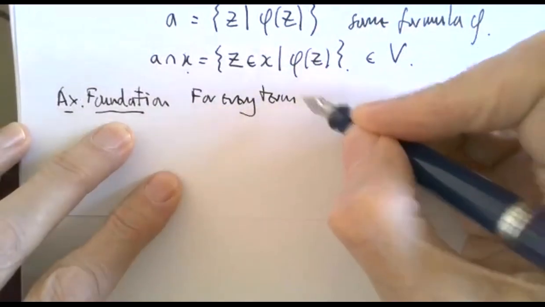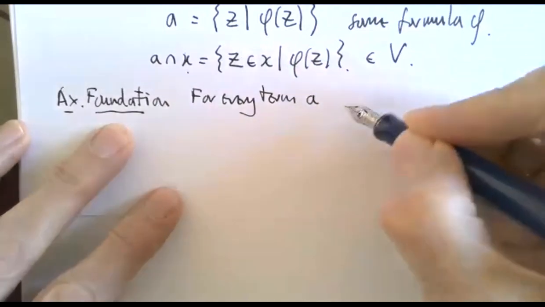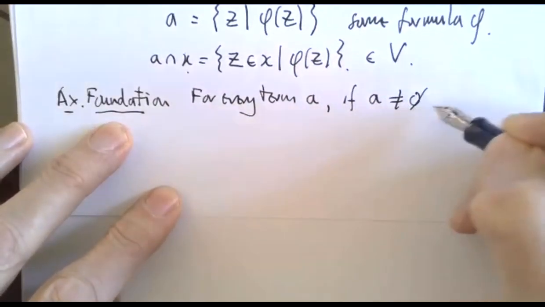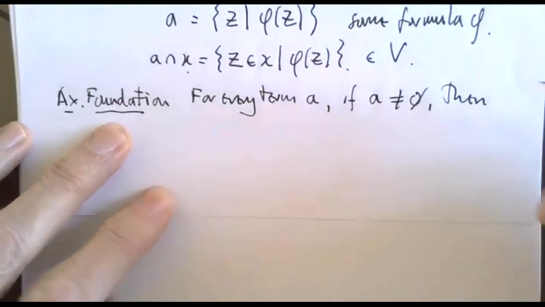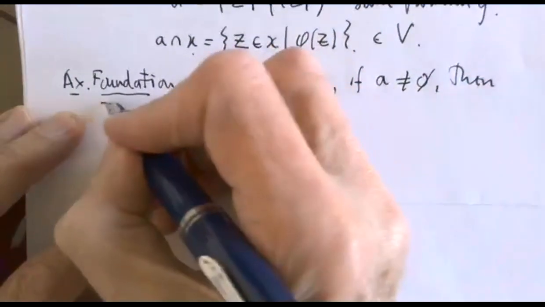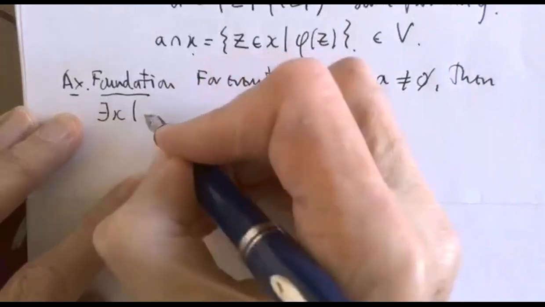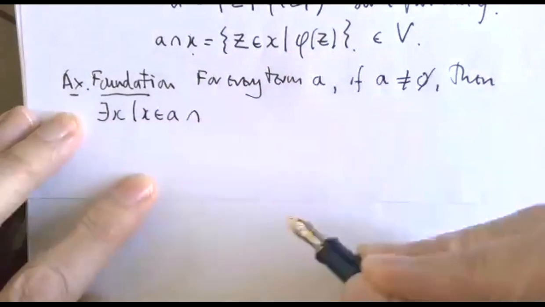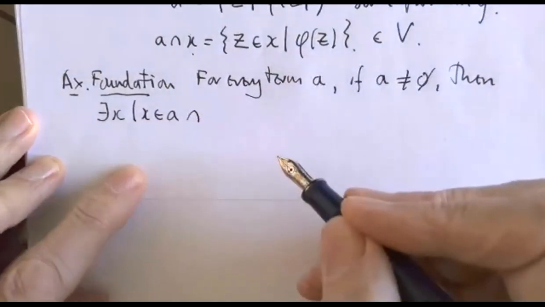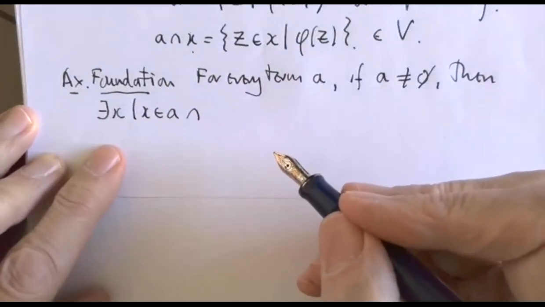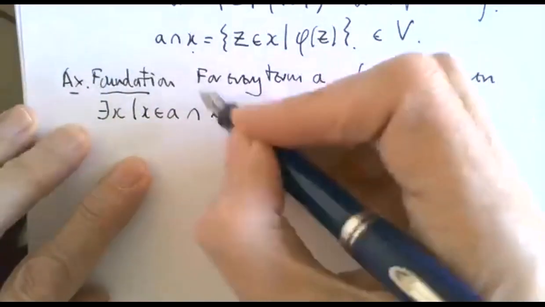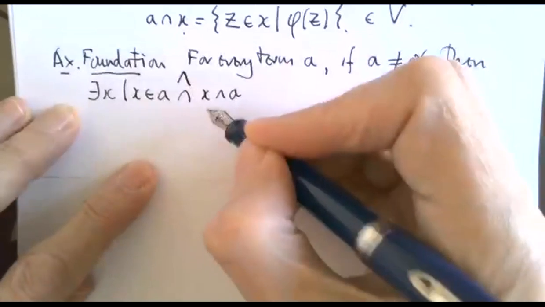So for every term A, if A is not empty, right, so there is something in it right here, then there has to be an epsilon least element. There is an X, which is in A, but there's nothing further down the epsilon tree that belongs to them both. Sorry, this is an and symbol here.